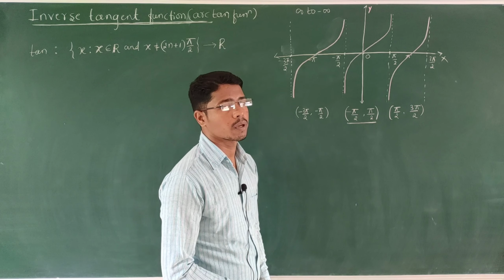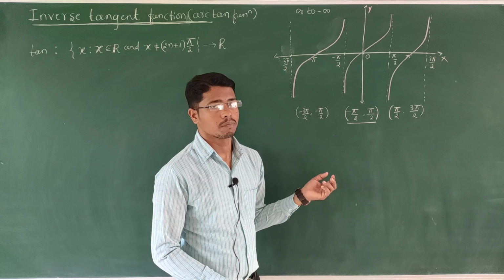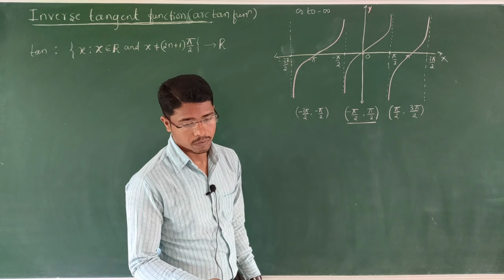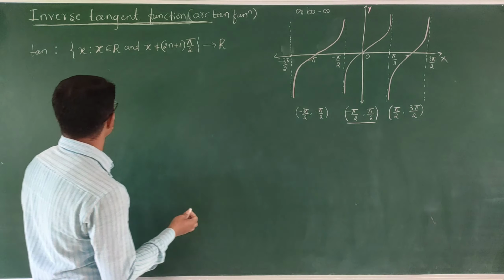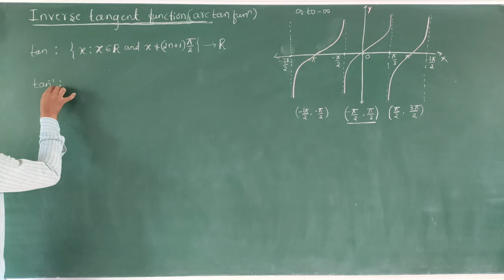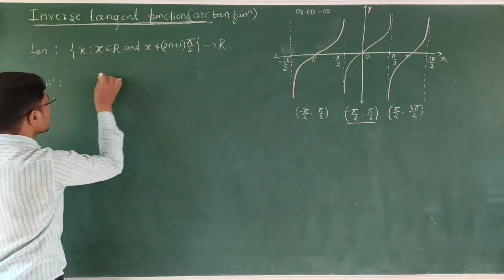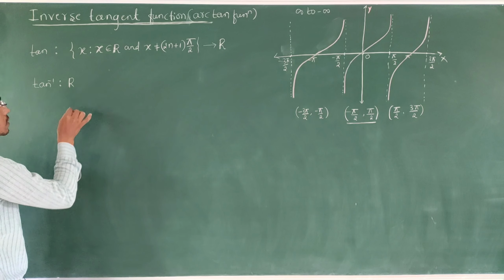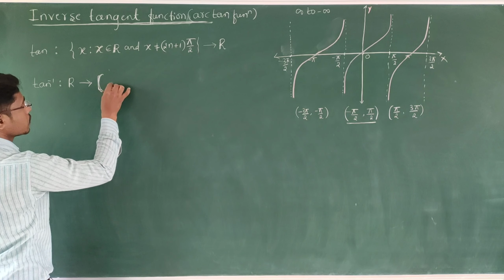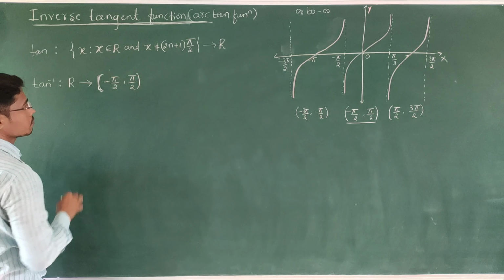So the principal value branch of tan inverse is (−π/2, π/2). The inverse is denoted by tan inverse. The codomain of tan becomes the domain of tan inverse, and its range is the open interval (−π/2, π/2).